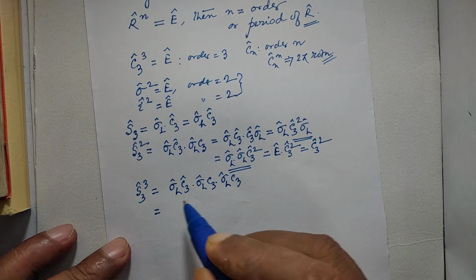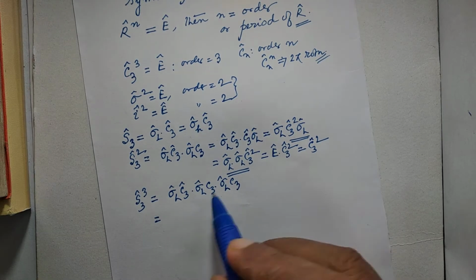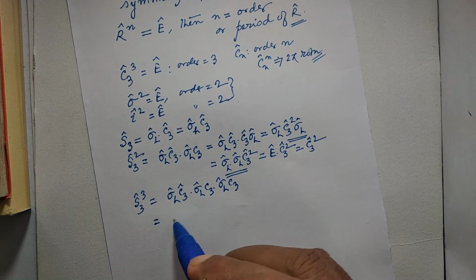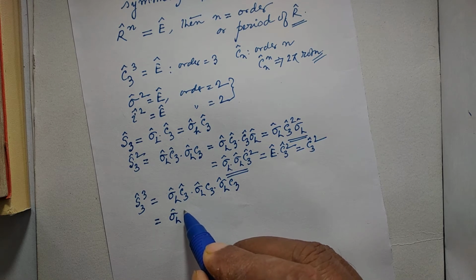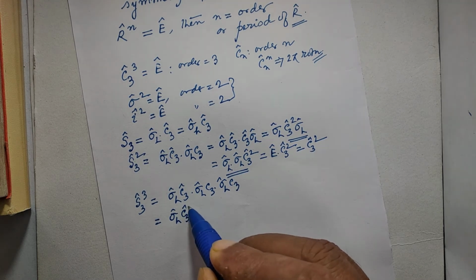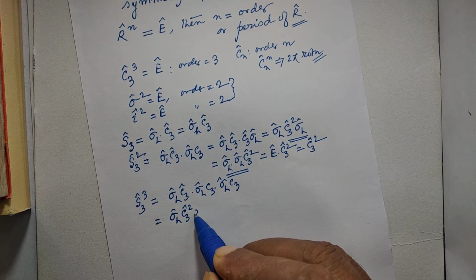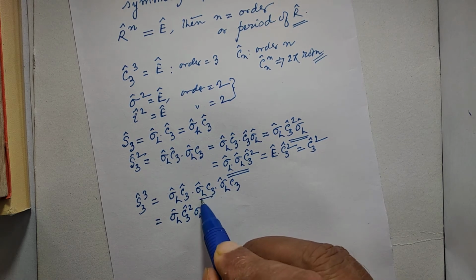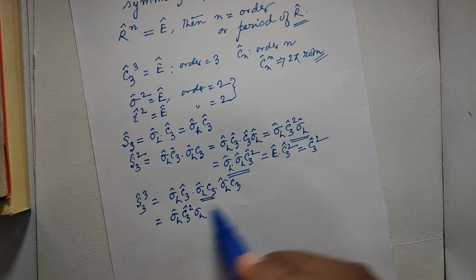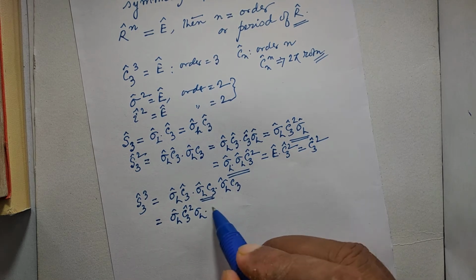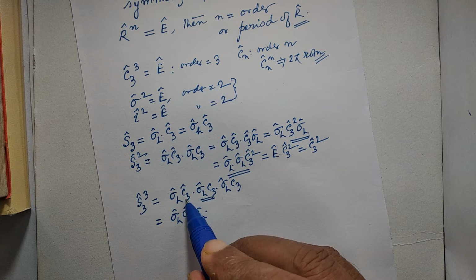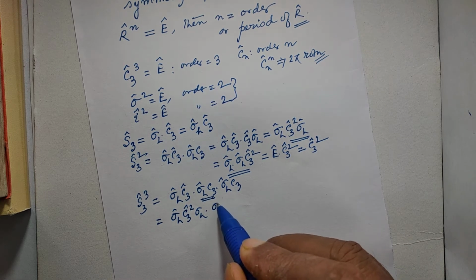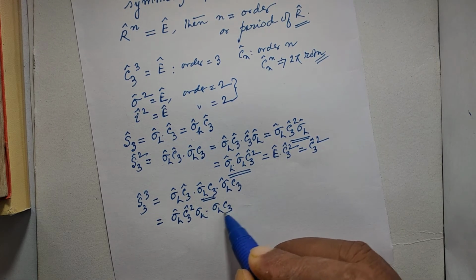This means, by applying the commutation rule here and simplifying, we get sigma h C3 square sigma h, and here we have sigma h C3.